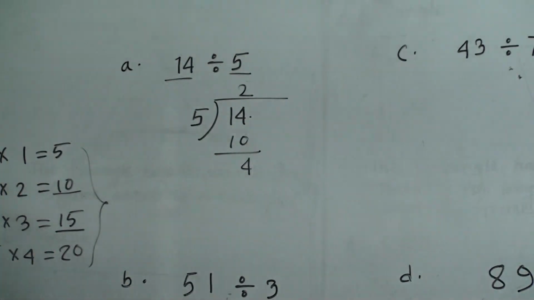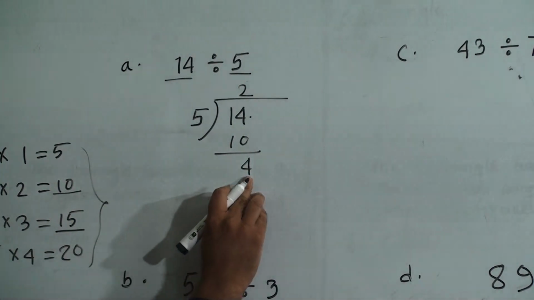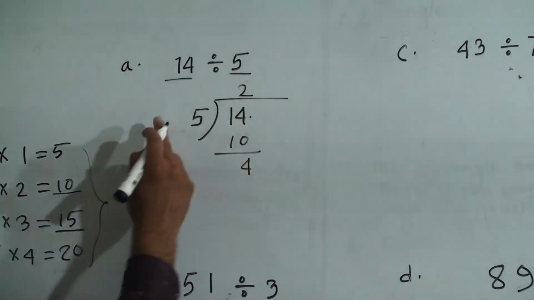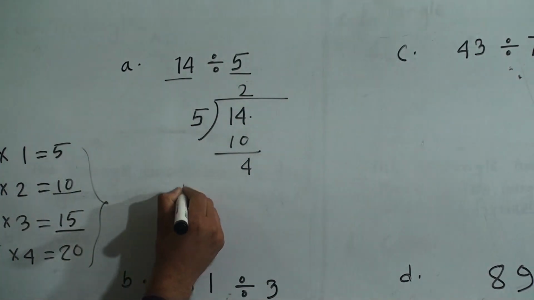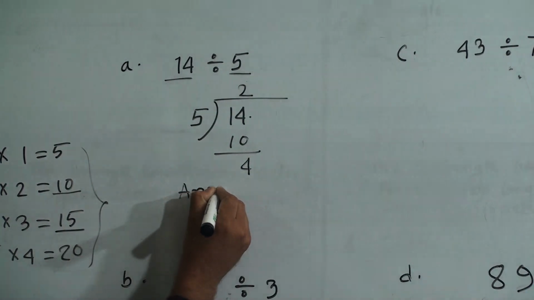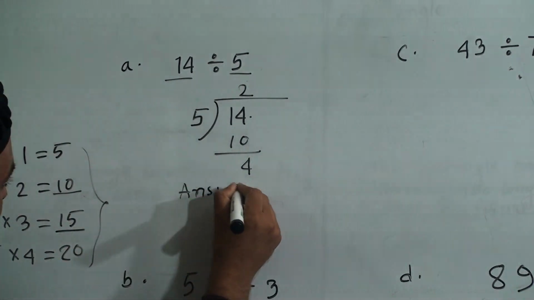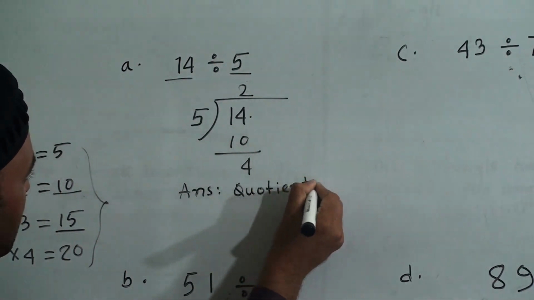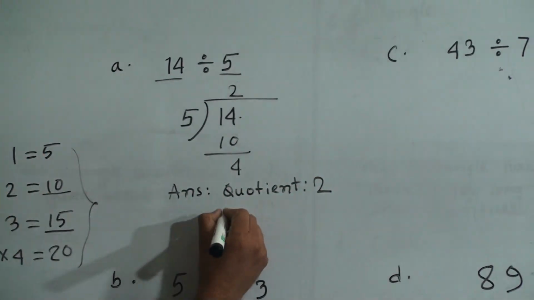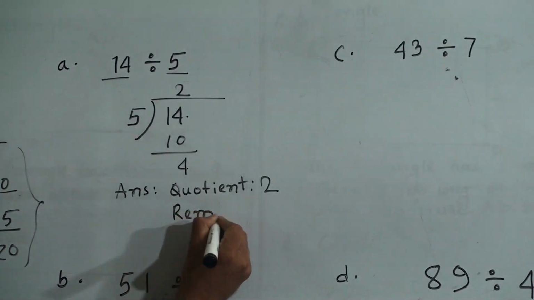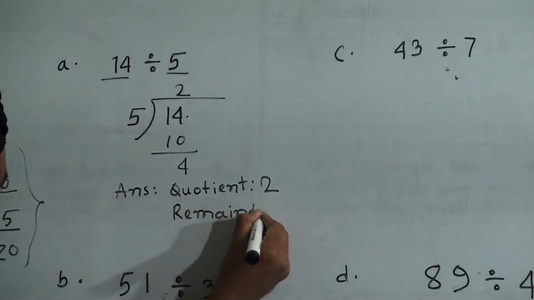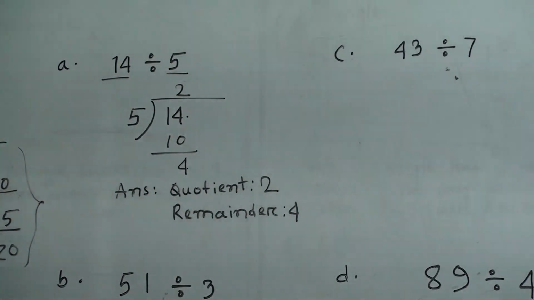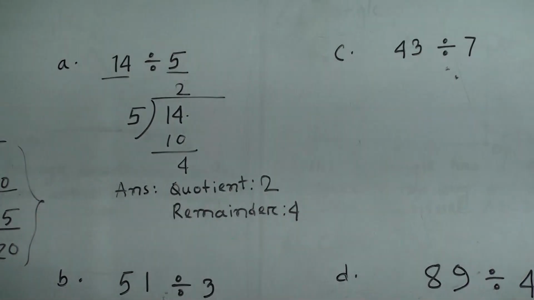Here is 4. So you know that this is the remainder, this is the quotient, this is the dividend, and this is the divisor. So the answer is quotient 2 and your remainder is 4. Hope my dear students you have understood this one.